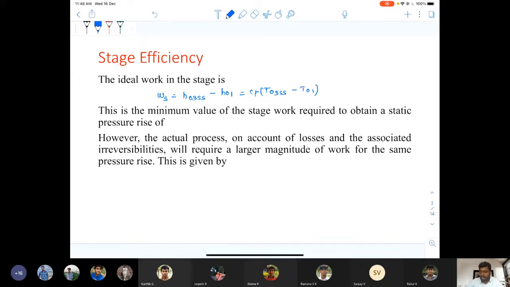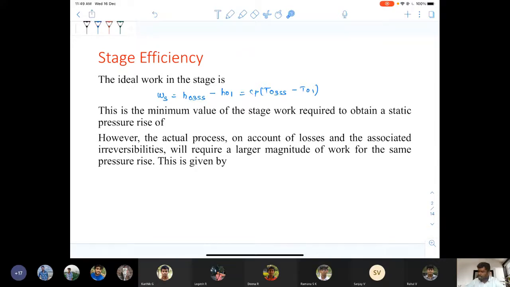Therefore, the ideal work in the stage is given as Ws, which is equal to H0 3ss minus H0 1. That is the difference in the enthalpy, and this difference in the enthalpy can be represented in the form of Cp times dT. Therefore, you will be writing this equation as Cp times (T0 3ss minus T0 1).